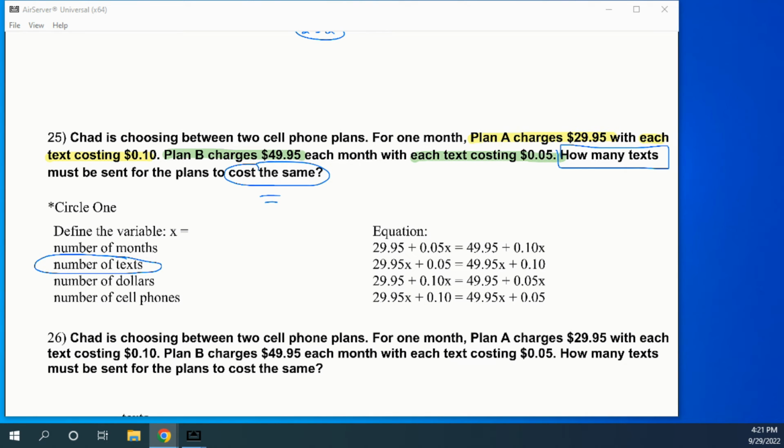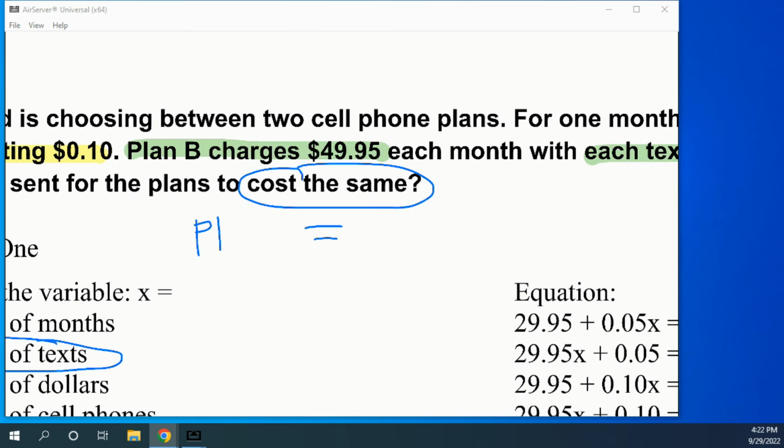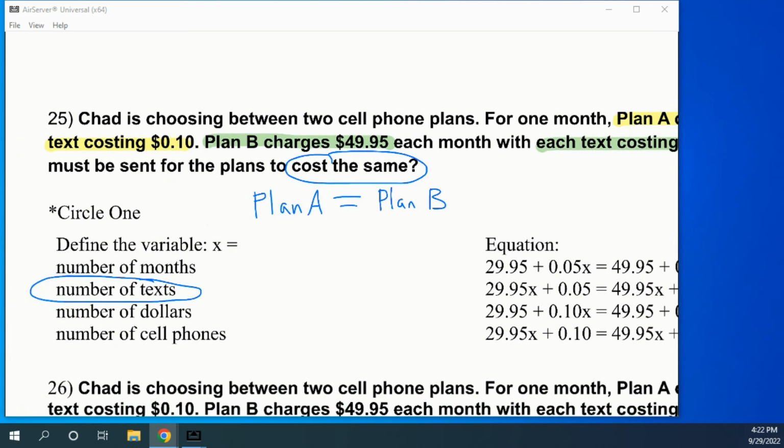This costs the same. I want to go back to that because we need to now make our equation. And what we're going to do is set plan A equal to plan B. So we want plan A equal to plan B. And we're going to substitute in the information from plan A and plan B.